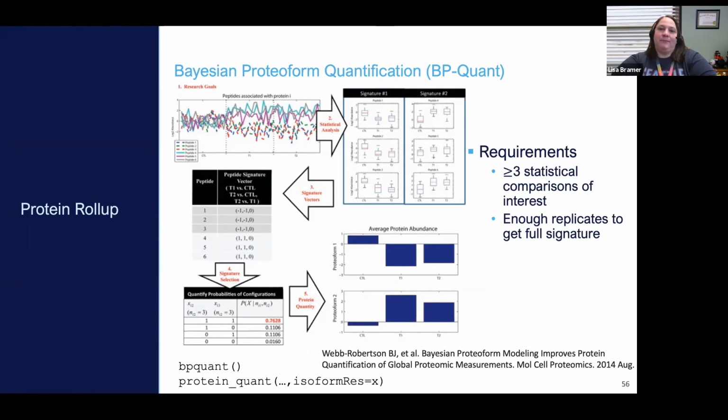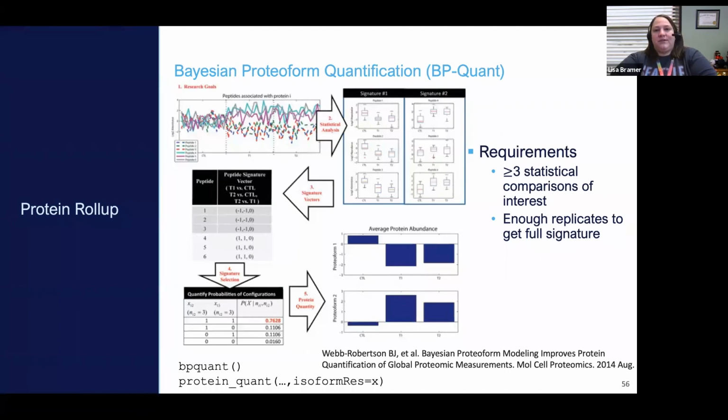If you have a peptide that is really sparse, you're not going to be able to conduct a statistical test for each of your comparisons, and it is not going to be usable by this algorithm. So if you have a very, very sparse data set, this might not be the right road to go down.